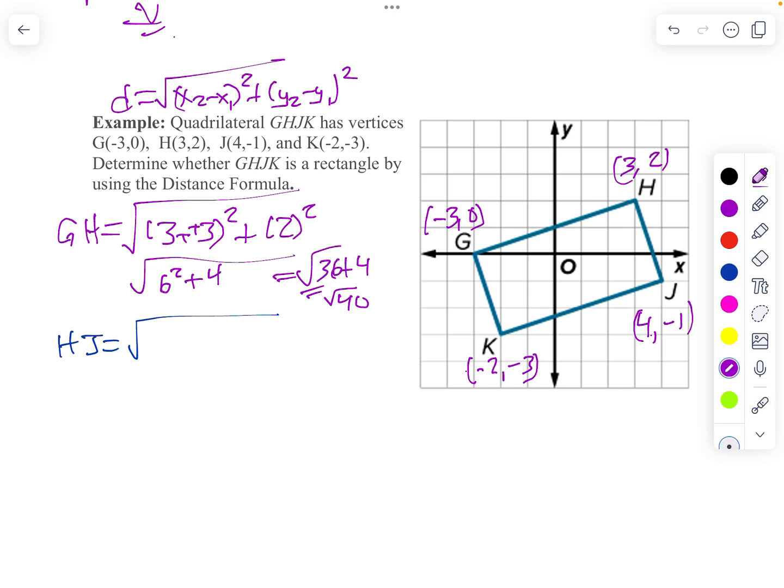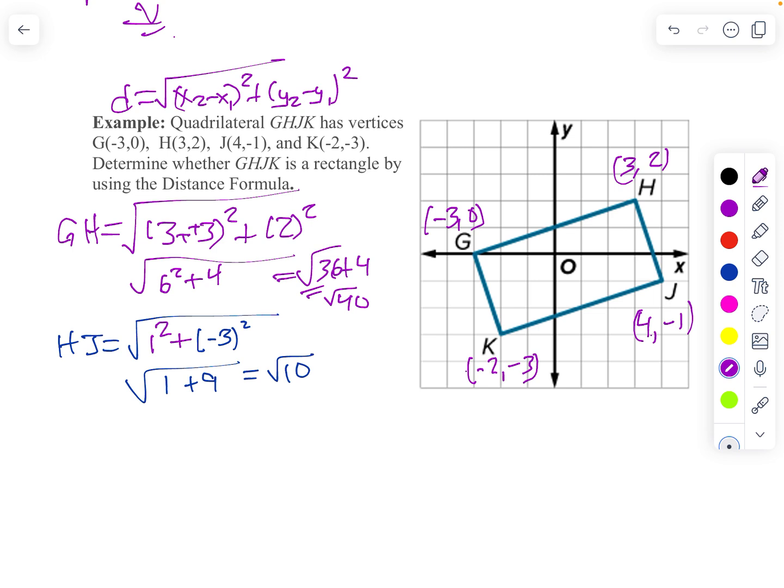So it'll be 1 squared plus negative 1 minus 2, and that is negative 3 squared. So 1 squared is 1. Negative 3 squared is 9. So we get the square root of 10. Notice I didn't simplify them because I'm just trying to see if they're equal. I don't have to actually do anything else.